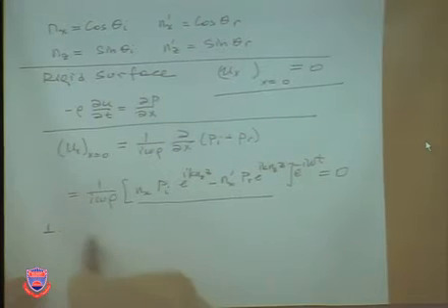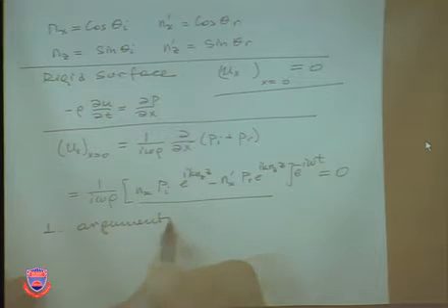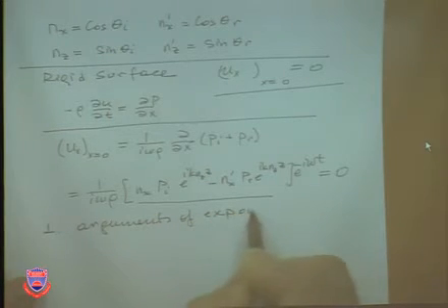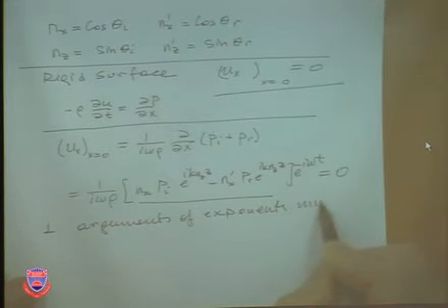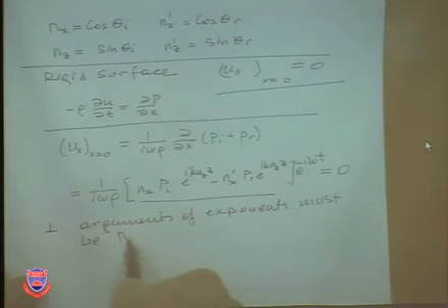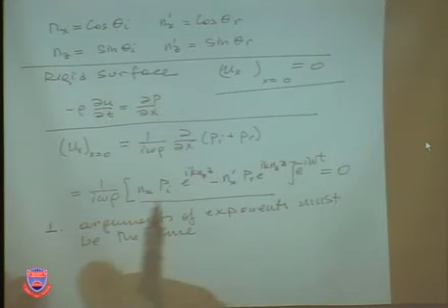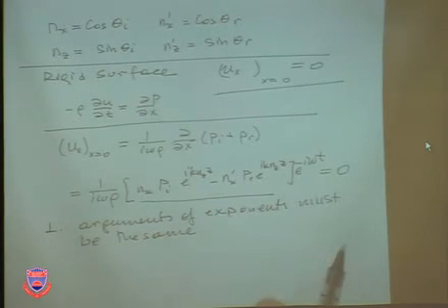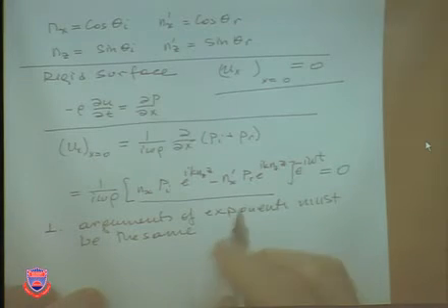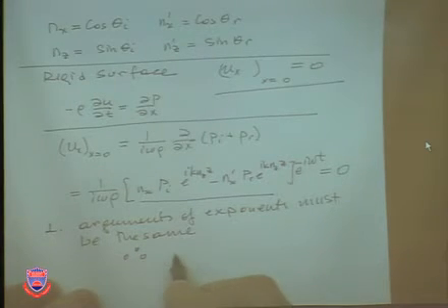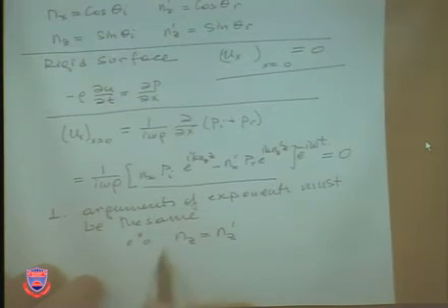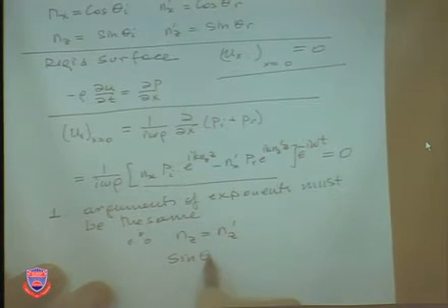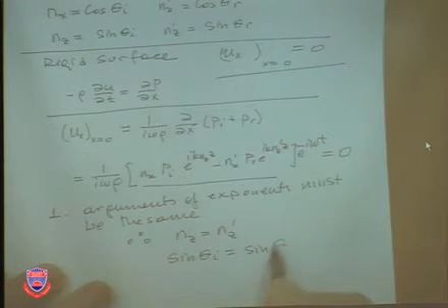So the first thing we say is the arguments of the exponents must be the same. Otherwise, it will not become equal to 0. And what that means then is nz is equal to nz prime, and that tells us that sine theta i is equal to sine theta r.